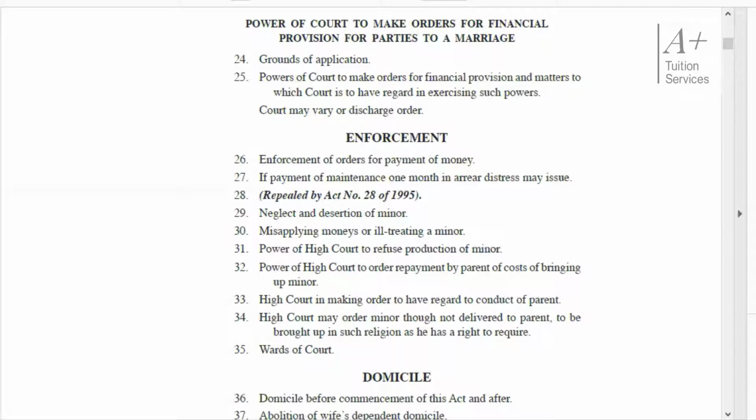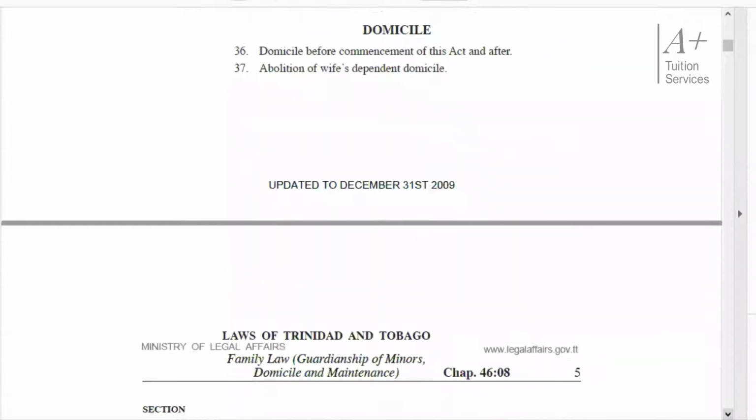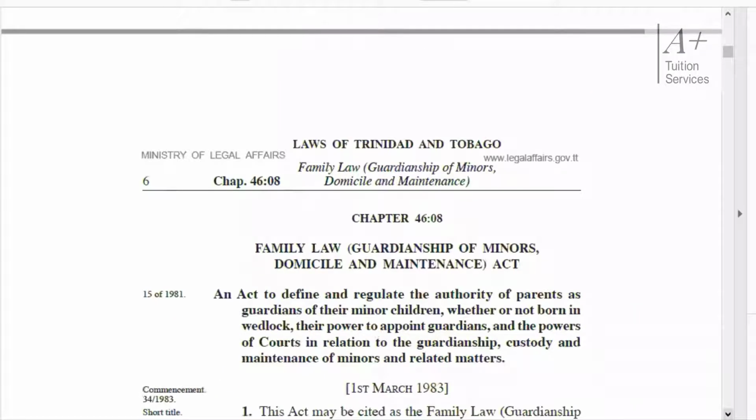Continuing, let's get to the actual part of the document. This is a very serious document, right?